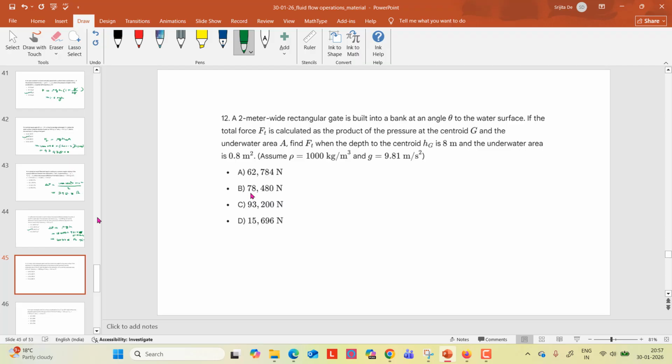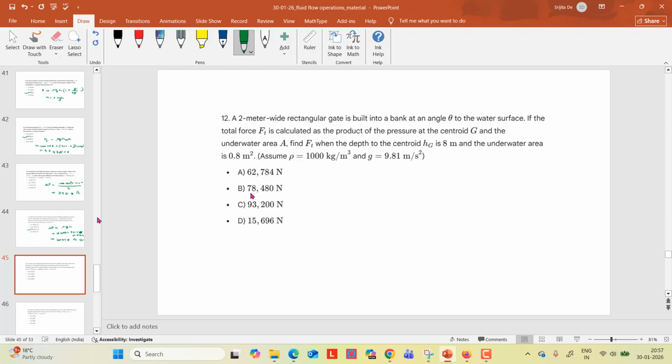A 2-meter wide rectangular gate is built into a bank at an angle theta to the water surface.